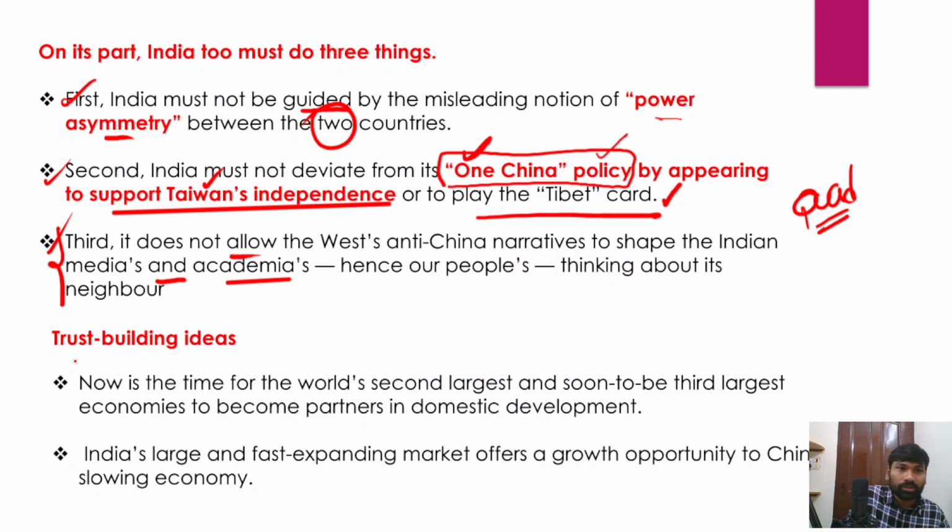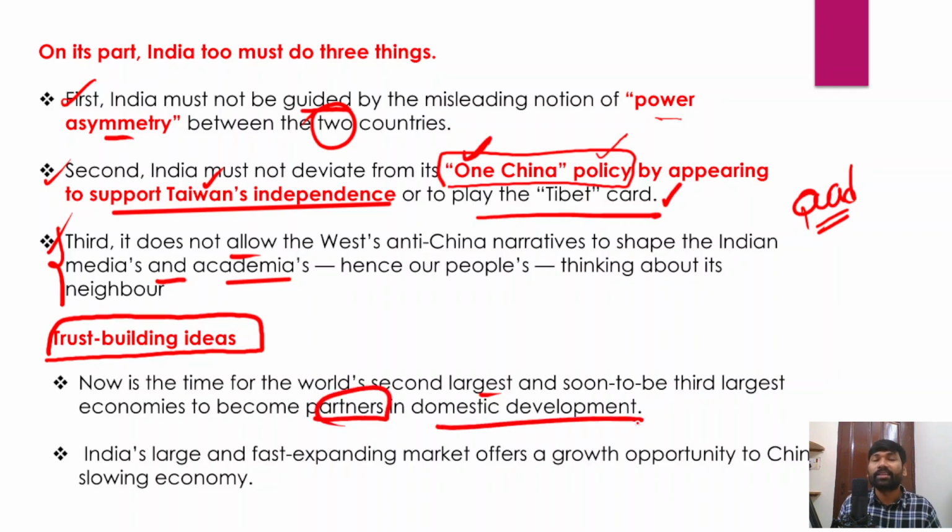Right, so there are some trust-building ideas that the author has provided. No doubt that China is now the second largest economy, and India is going to become the third largest economy very soon, but now India is the fifth largest economy in terms of GDP. So now it's time for the world's second largest and soon-to-be third largest economies to become partners in their respective domestic development.